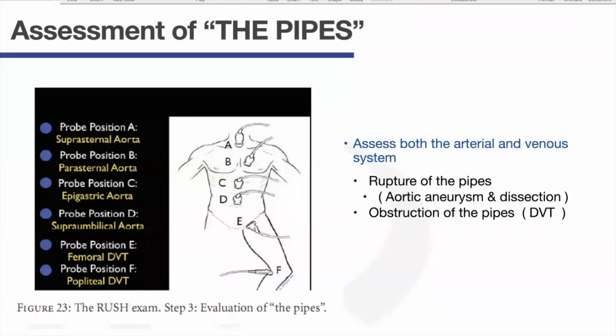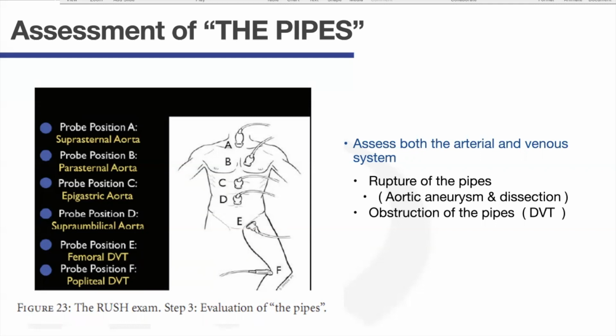Okay, so we go to the last one, which is assessment of the pipes. In assessment of the pipes, we are looking at the arterial and also the venous system. In the arterial system, we're looking at whether there's any rupture of the pipes, such as in abdominal aortic aneurysm or dissection.